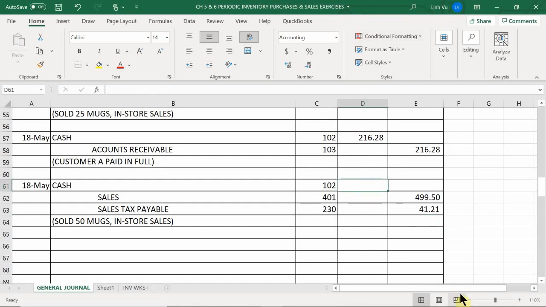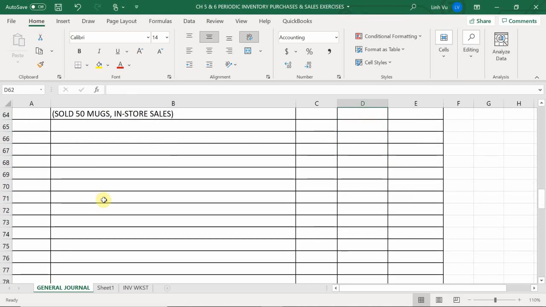So in grand total, how much cash should I be receiving? $540.71. Good. Correct. Okay. Awesome.